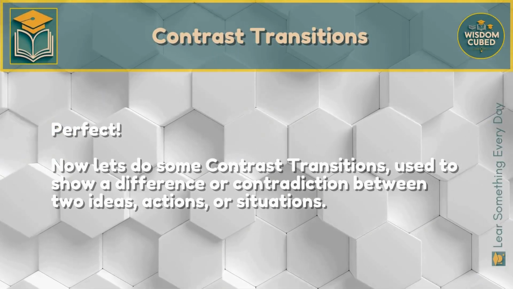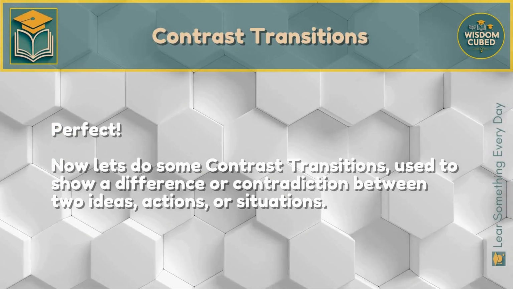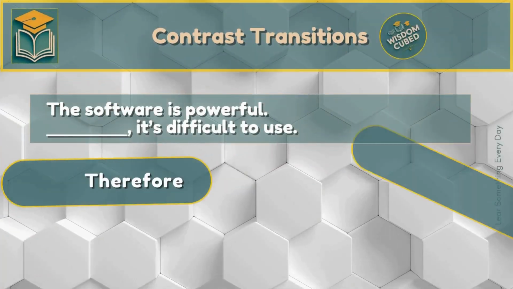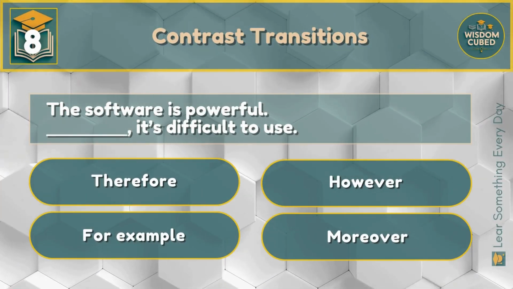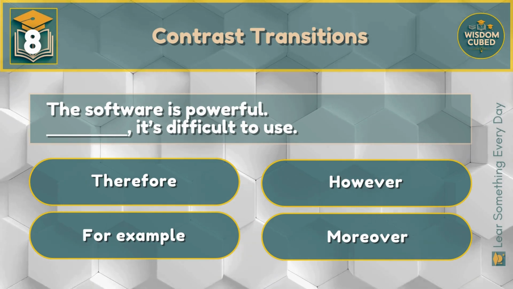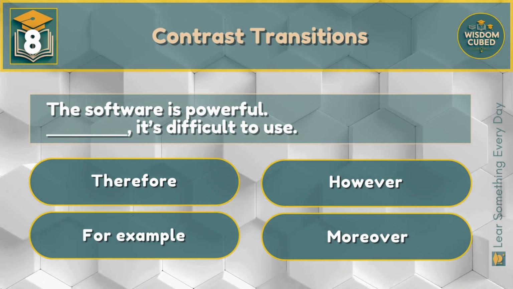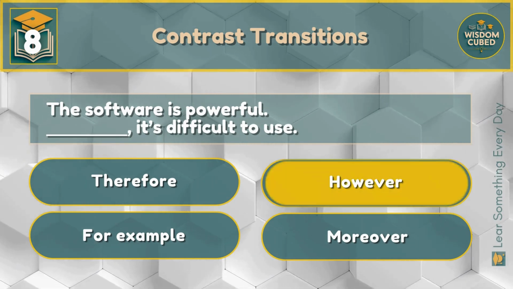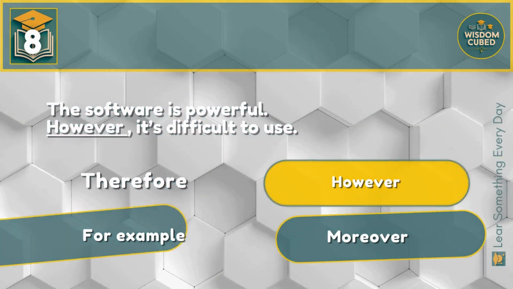Now let's do some contrast transitions, used to show a difference or contradiction between two ideas, actions, or situations. The software is powerful. However, it's difficult to use.